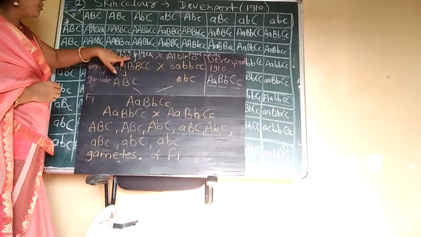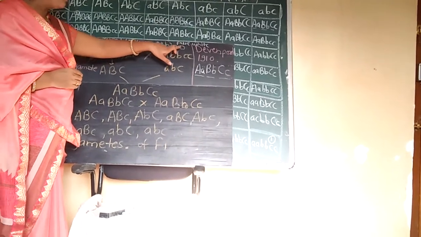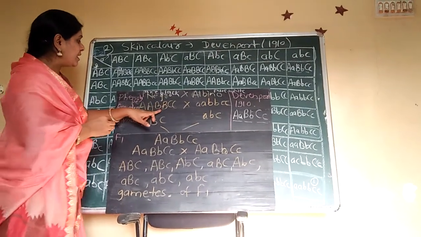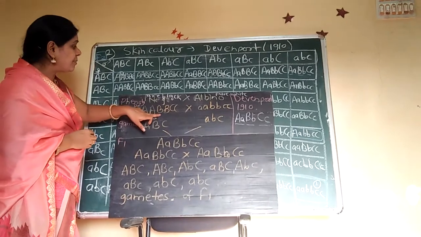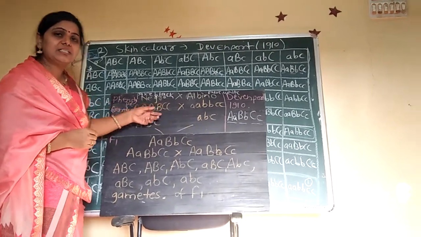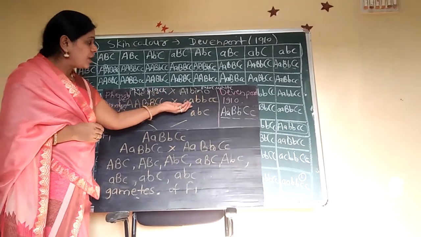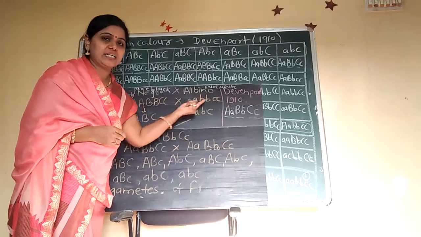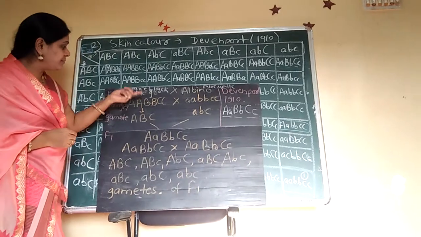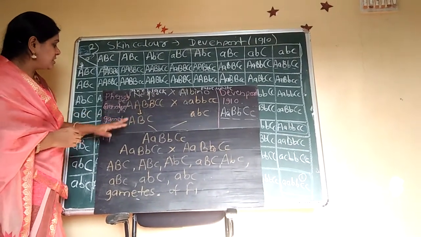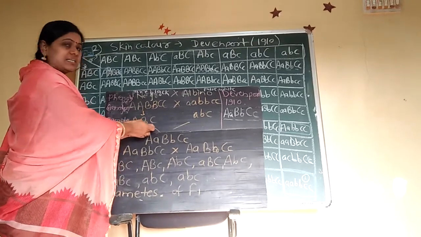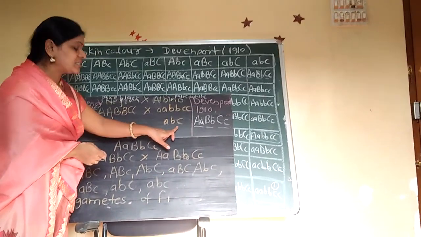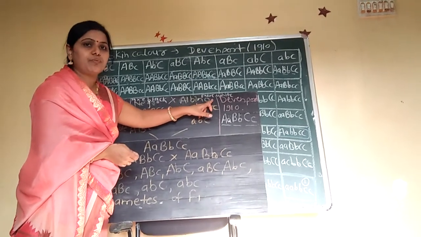When a Negro, pure black, is crossed with an albino, pure white, the genotypes are capital A capital A, capital B capital B, capital C capital C, the dominant allelic pairs over the recessive small a small a, small b small b, small c small c. The gametes of the Negro are capital A, capital B, capital C, and the gametes of the albino, pure white, are small a, small b, small c.